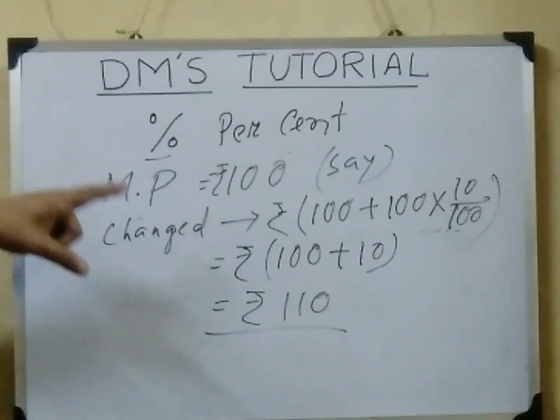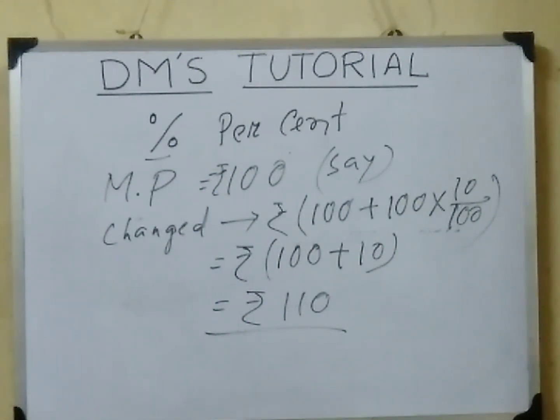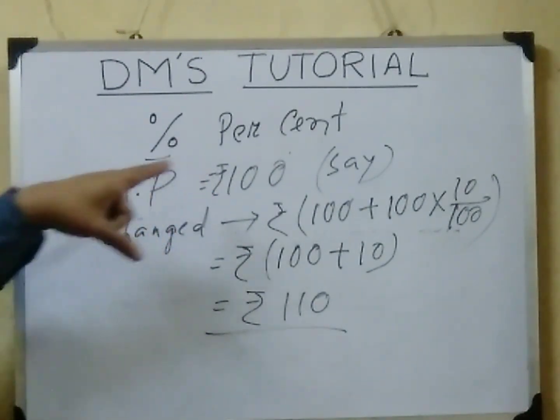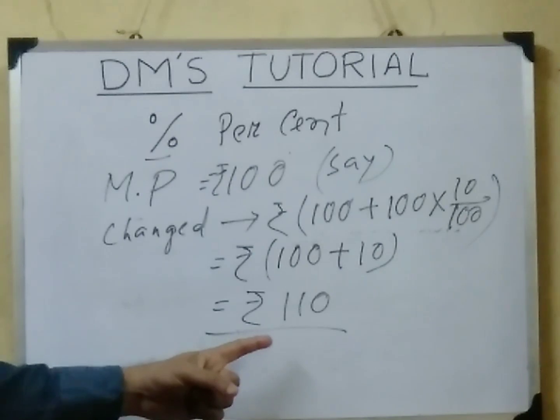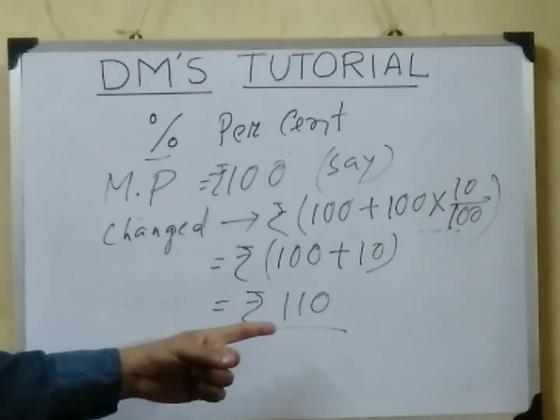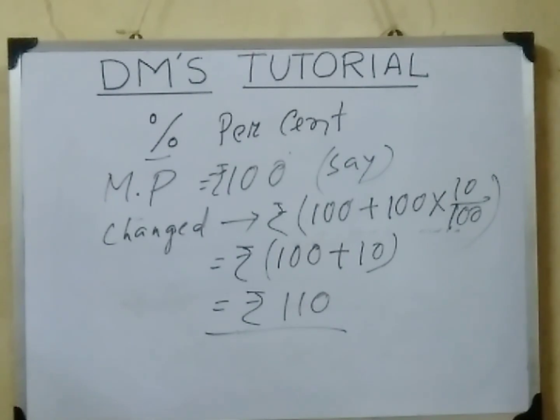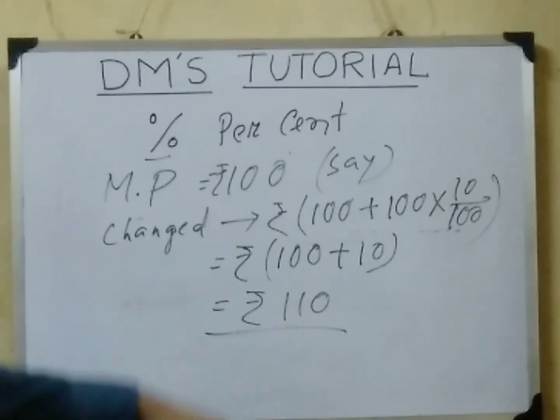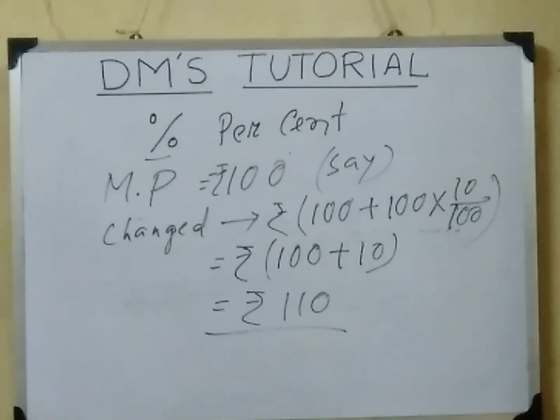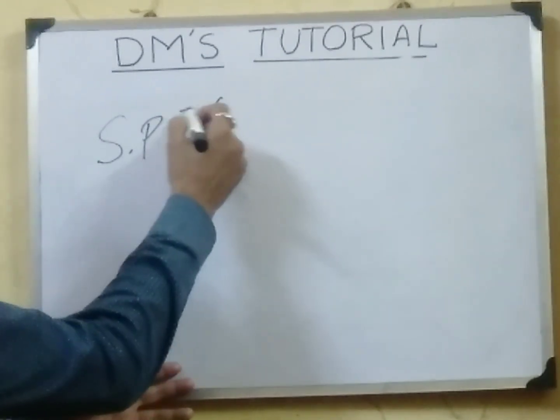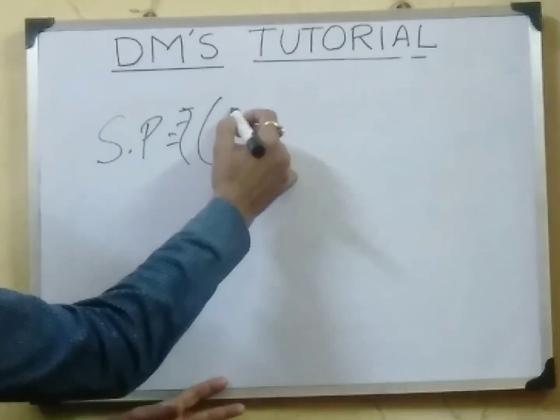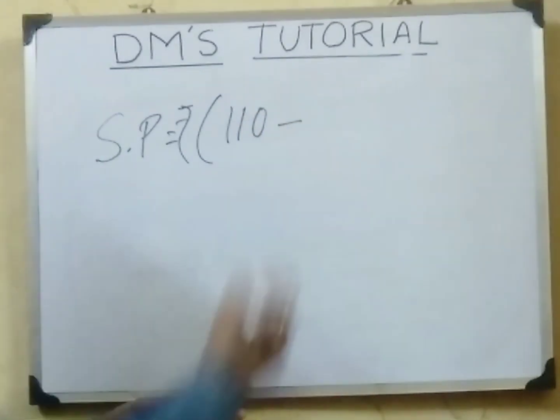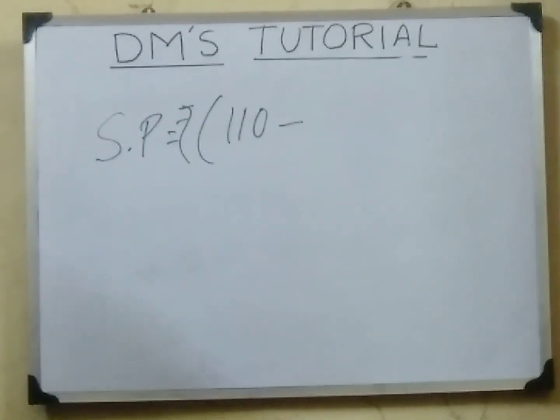So primarily the material was printed rupees 100. The shopkeeper increased that printed price by 10% and this becomes rupees 110 finally. Now what does the shopkeeper do? Shopkeeper now decreases the value or gives discount of 8% on this price to the customers. Rupees 110 minus 8% of rupees 110.